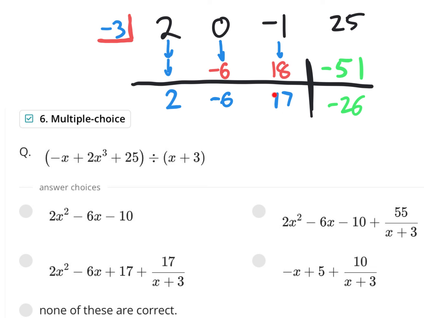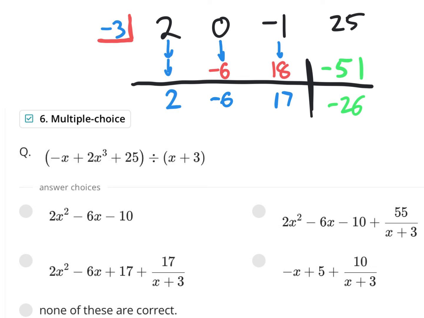So here's our answer, but this is our remainder. Now, keep in mind that if you started with the highest degree 3, x to the third, and you're dividing by x, if you just think about that, x to the third divided by x, that answer should be an x squared. So this is what we call a depressed polynomial, and this first term should be with an x squared because we brought it down from a third degree down to a second degree.